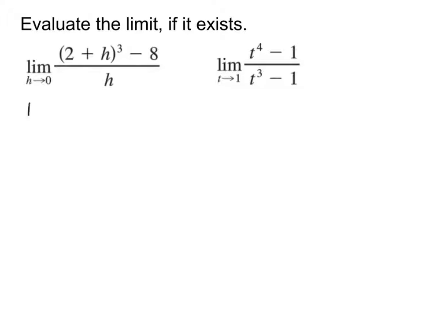Well, we already did that, right? So for this first one, the limit as h approaches 0 is no longer going to be of that original one, but rather 12 plus 6h plus h squared. Now can we figure out what the limit is as h approaches 0? I think we can. Please do so.